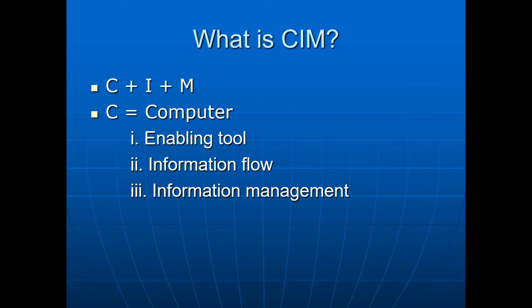For example, a CNC machine has an automation system for tool changing, so it has enabling tools. For information flow, they have a computerized system to pass information from the control system to the tooling control system and the machining sites.